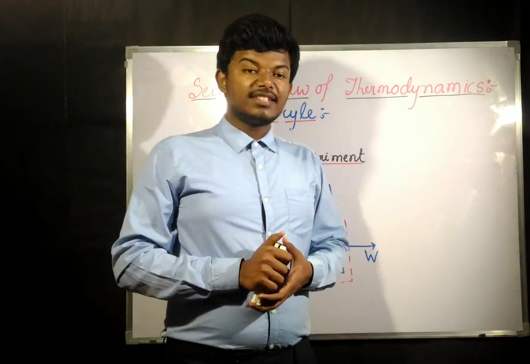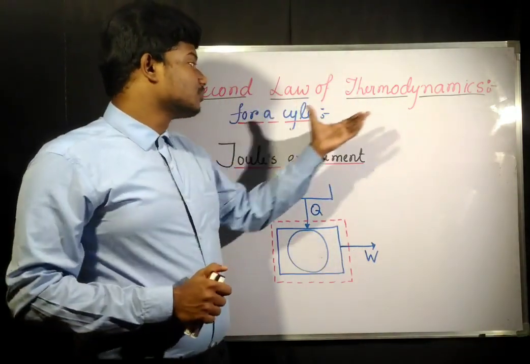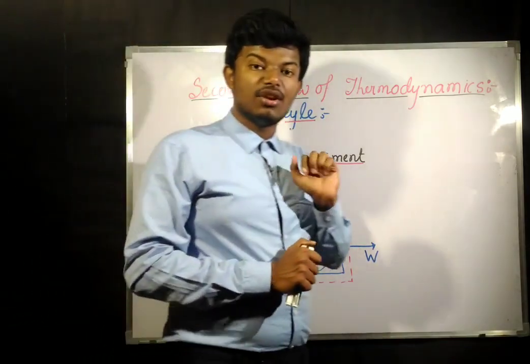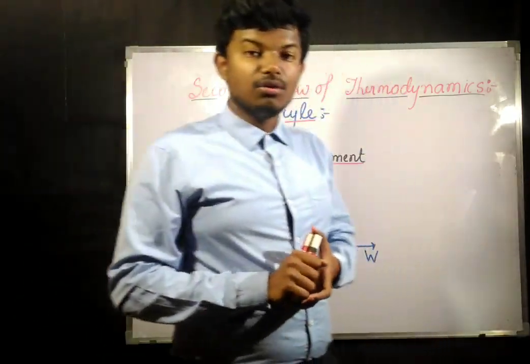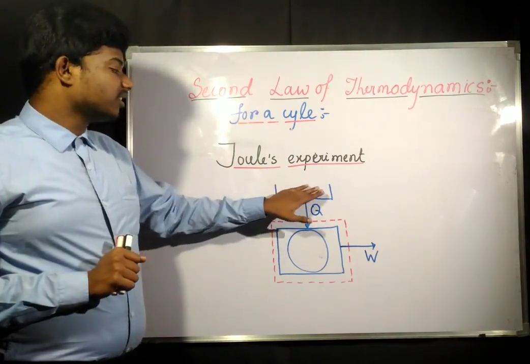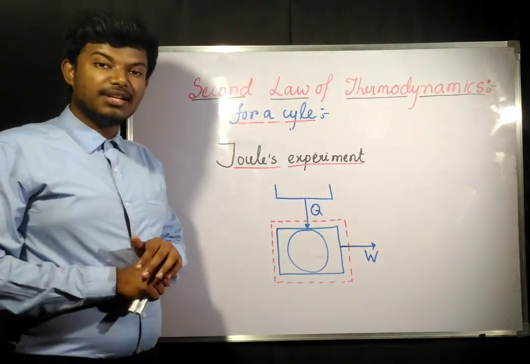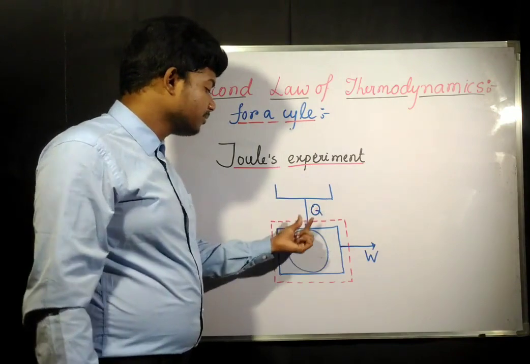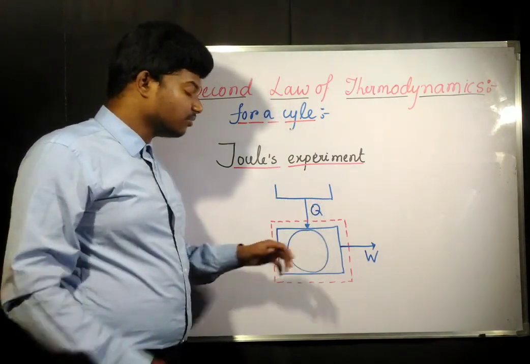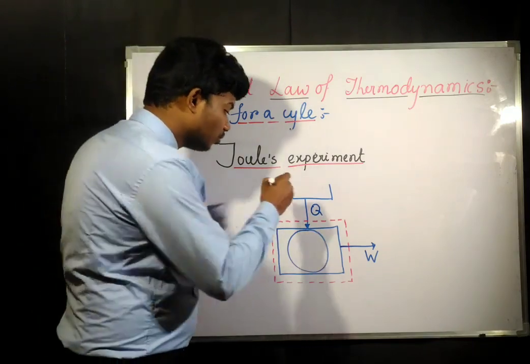The next thing we are going to study is the second law of thermodynamics for a cycle. Now there is Joule's experiment. According to this experiment, one machine has been designed where you are going to give only heat from a source.